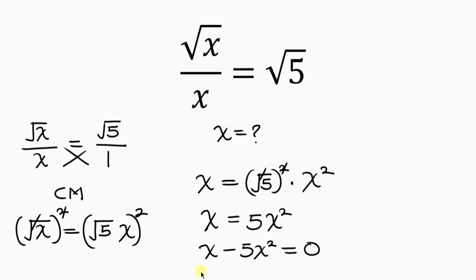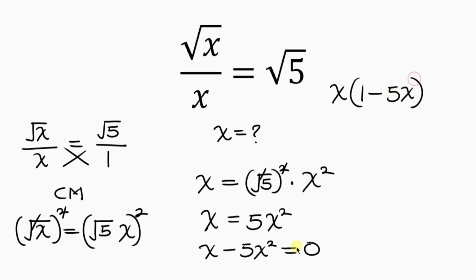Very good. Now notice that x is common. So our next step will be for us to factor out x. So factor out x, open bracket, x divided by x is 1 minus 5x squared divided by x is 5x. Very good.